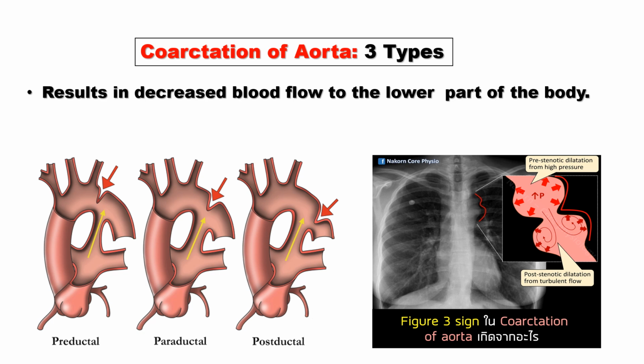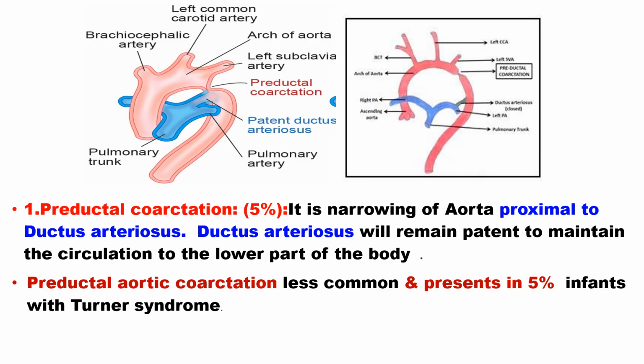The first type is preductal coarctation, which is commonly seen in infants. It's also known as infantile type. It's 5%, and it is narrowing of aorta proximal to the ductus arteriosus, which is distal to the left subclavian artery.